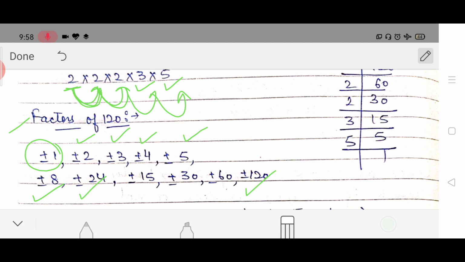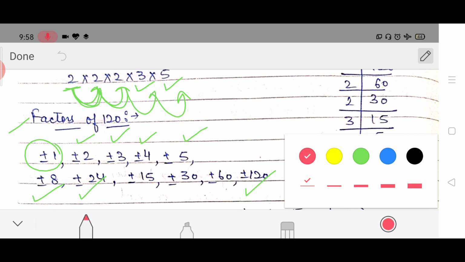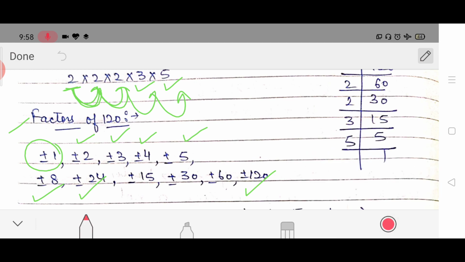Now moving on, you can also multiply 3 into 5, that is 15, so we have written plus minus 15. Now 15 into 2 is 30, so we have written 30, and 30 into 2 is 60, and 60 into 2 is 120, which we mentioned earlier.